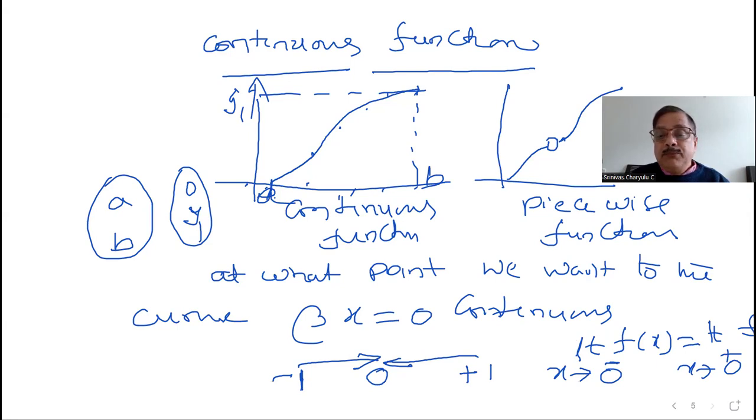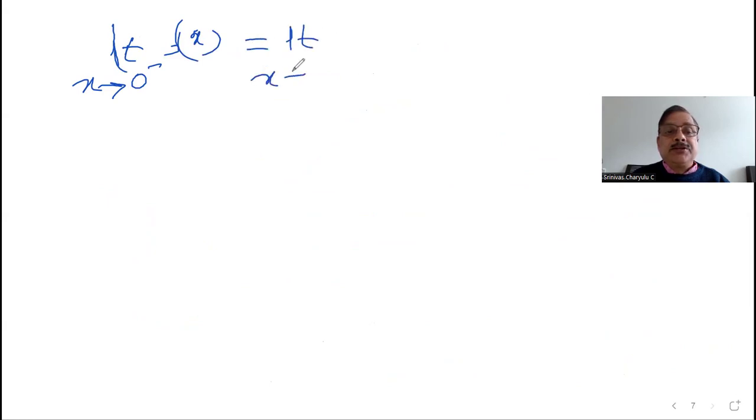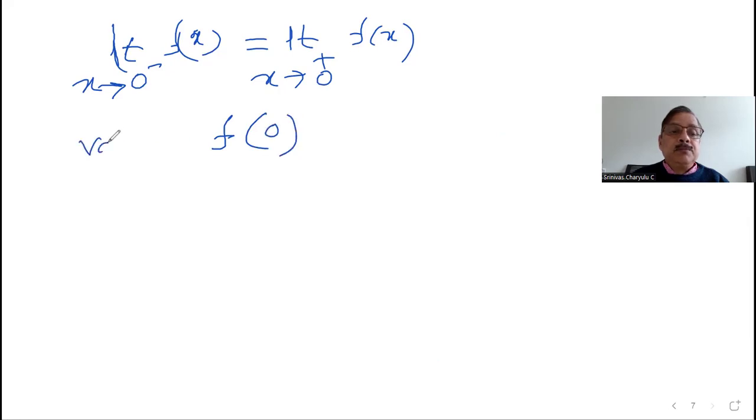We'll be getting, let us say both the values are same, for example. Limit x tends to 0 minus f of x, if it is equal to limit x tends to 0 plus f of x, and if both are equal and also the value of function at 0, all should be equal.